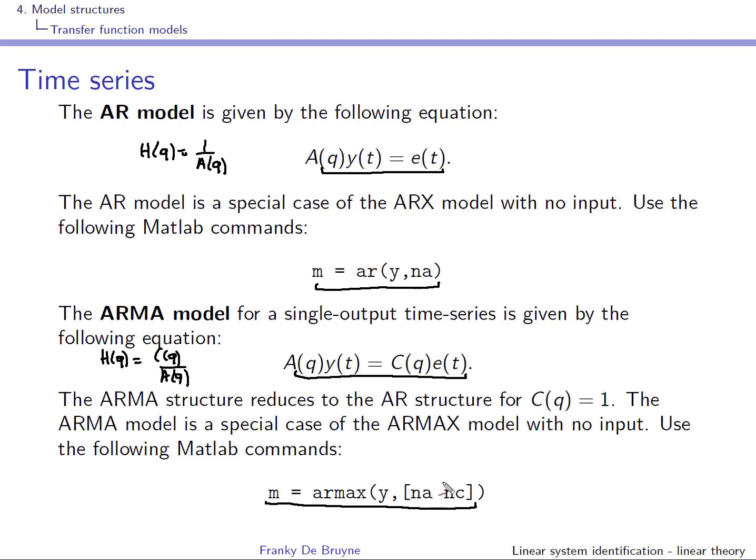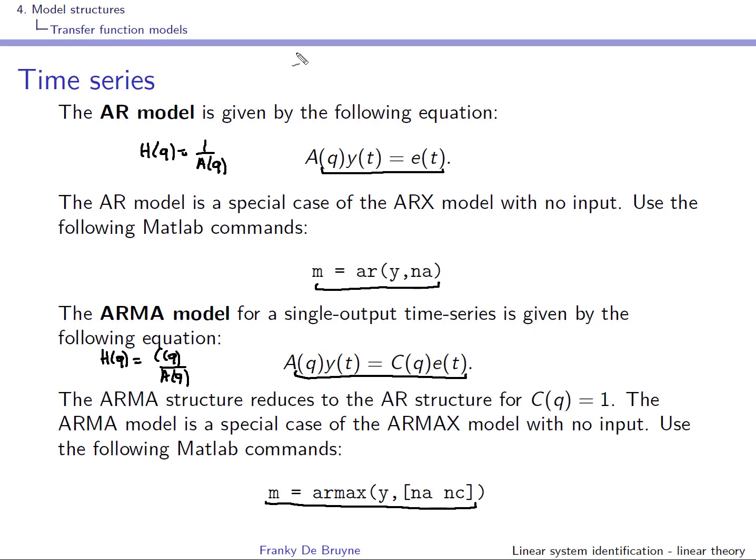So if you want to predict the price of a share, you have to get a collection of data, use, for instance, an AR model or an ARMAX model, identify the model based on the data, and then write the predictor.